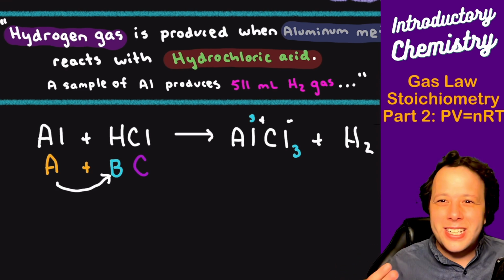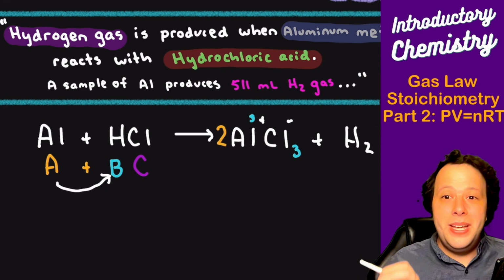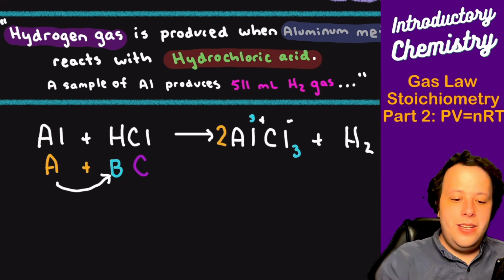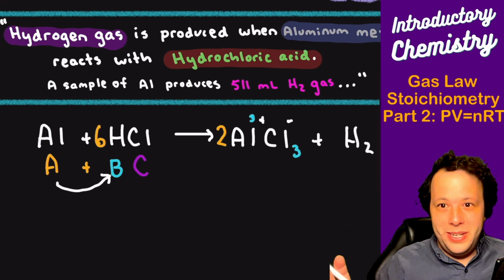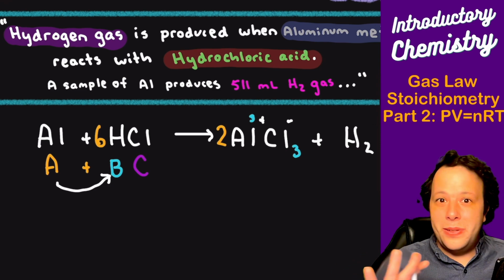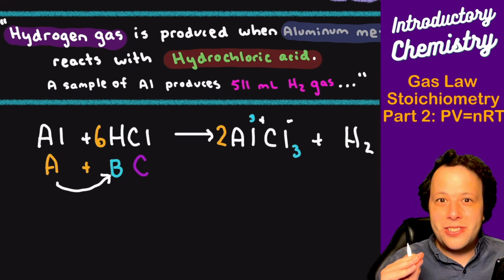That doesn't really even it out. So what's the next best number to choose? Well, if I put a 2 in front of aluminum chloride, making 6, which is now even, and now I put a 6 over here in front of HCl, also even. That evens the odds. It evens that odd subscript, which is crucial.